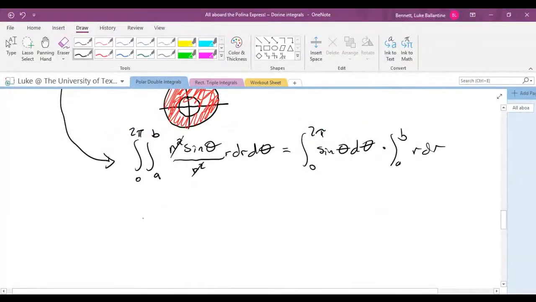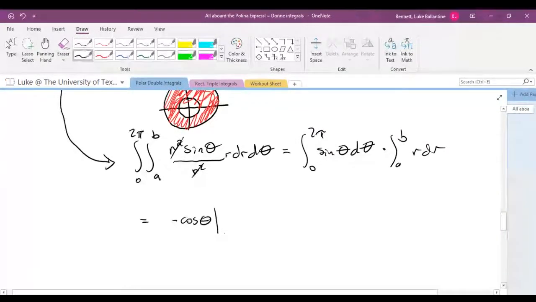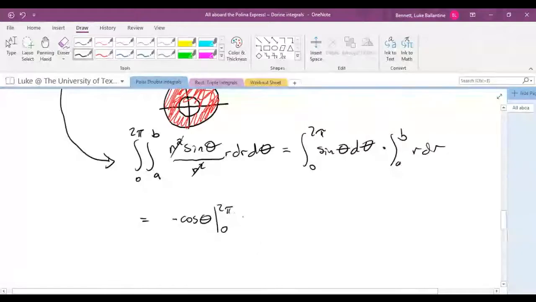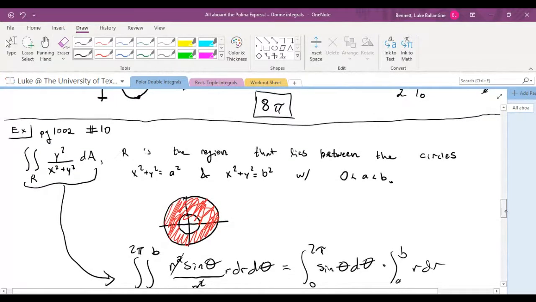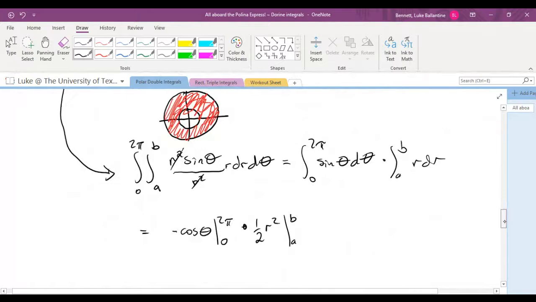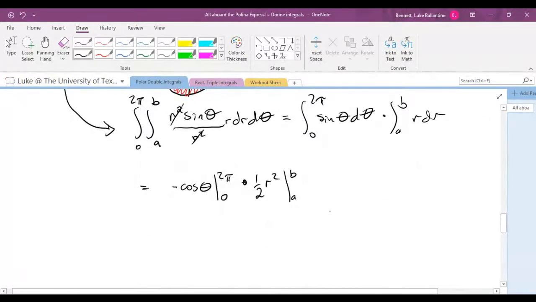Okay, so sine of theta, the integral of sine is what? Negative cosine, evaluated from 0 to 2 pi. And then times r squared over 2, evaluated from a to b. Okay, so what do we get?